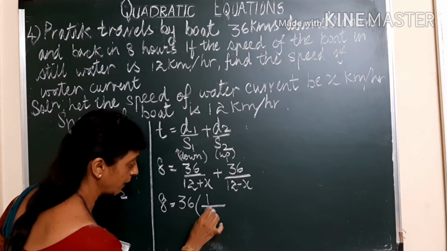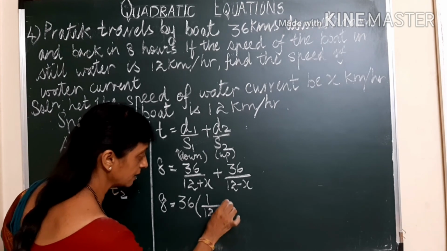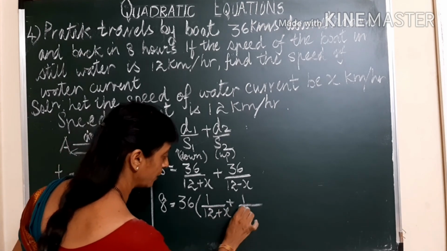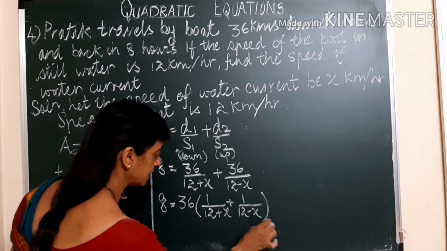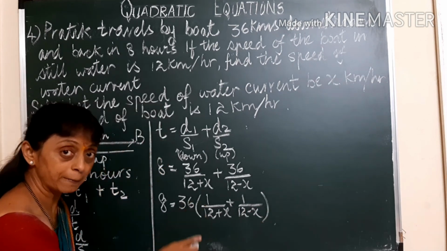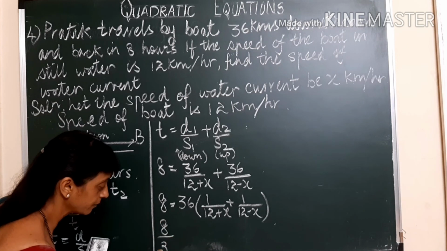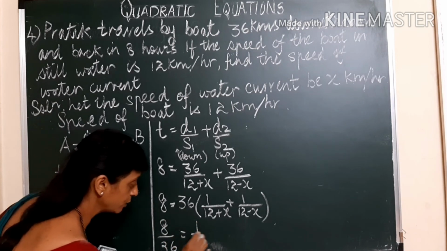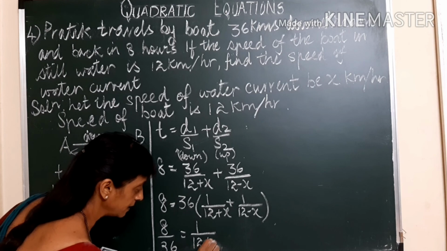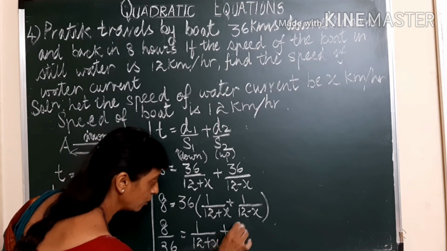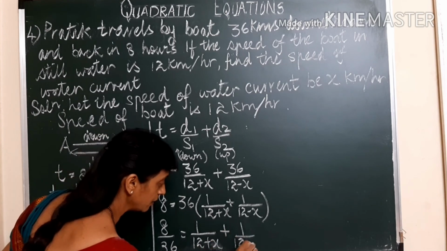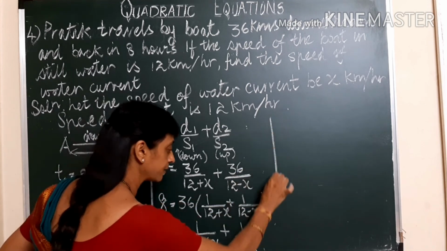Inside the bracket 12 plus x plus 1 upon 12 minus x. 36 is performing multiplication. When it goes on the other side, division, which will be equal to 1 upon 12 plus x plus 1 upon 12 minus x.